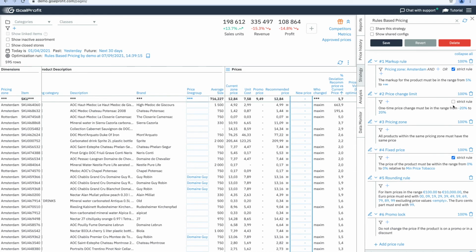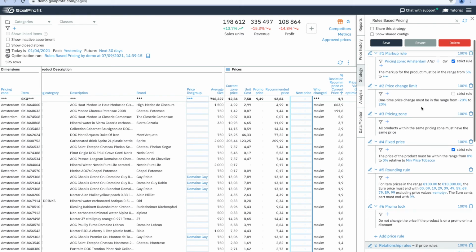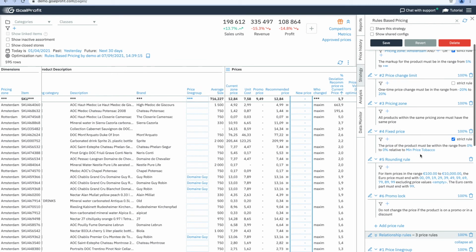Okay, and you see that fixed prices also have an always strict rule priority. We can add more. So price change limit, if it's highly important for us, we can also make strict.